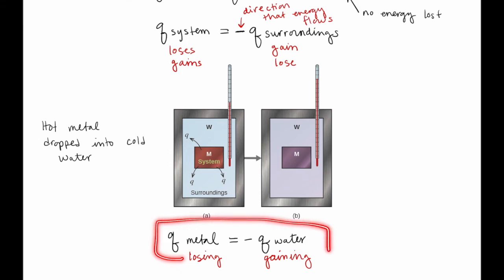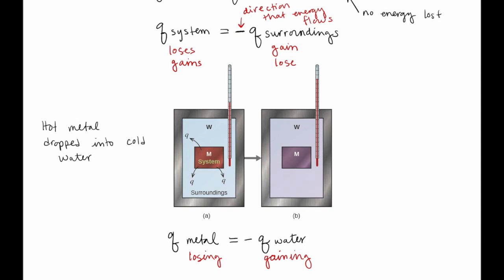Okay? So we're going to see this heat transfer or energy transfer until both the water and the metal, both the system and the surroundings, reach the same temperature. And we see we have some initial temperature of the water here, and then we've got a final temperature here. This temperature difference is going to ultimately tell us how much energy did that metal lose.